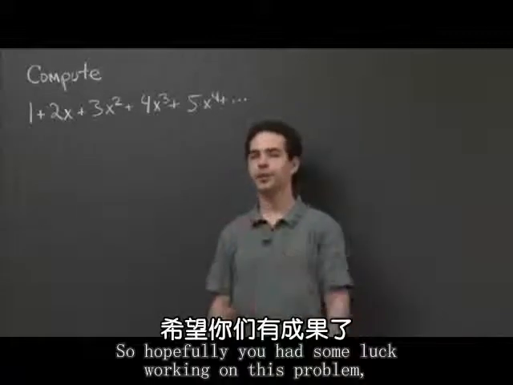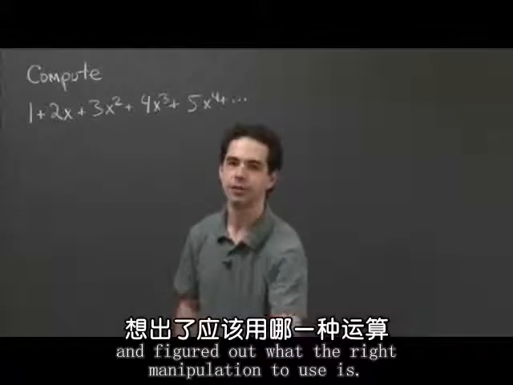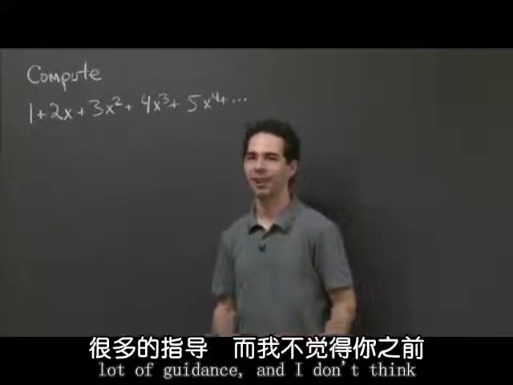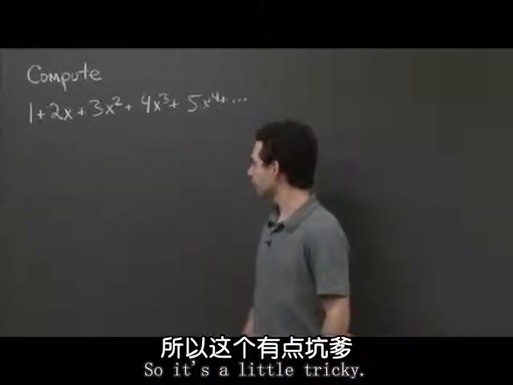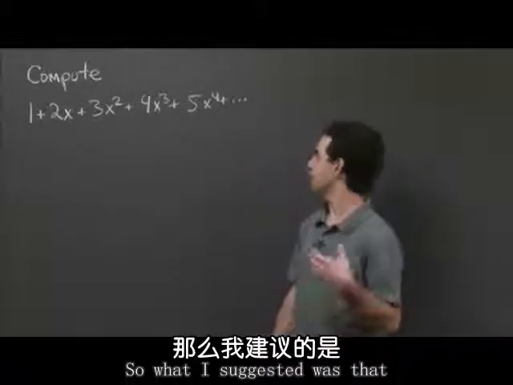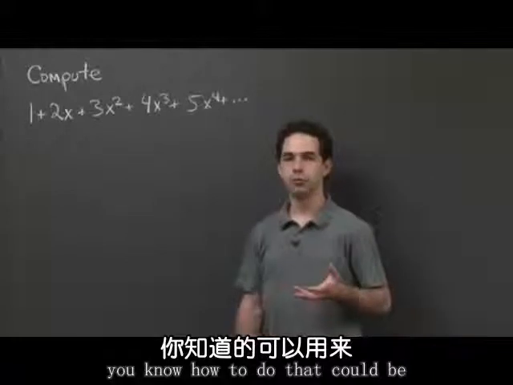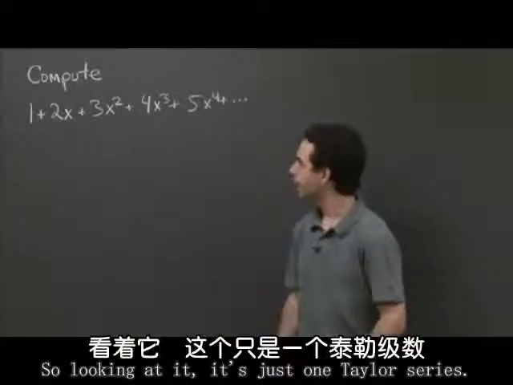So hopefully you had some luck working on this problem and figured out what the right manipulation to use is. I tossed it at you without a whole lot of guidance, and I don't think you've done a lot of examples like this before. So it's a little tricky. What I suggested was you think about things that you know how to do that could be used to simplify this.